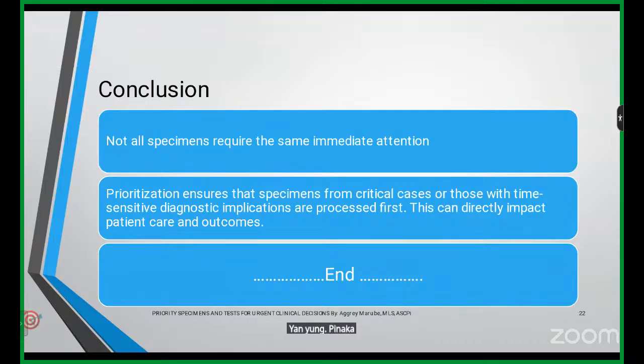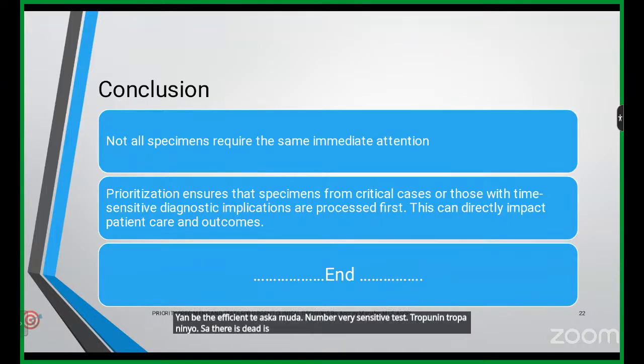Maybe the patient has come with a number of very sensitive tests. Troponins are there. There is LDH that's being checked on. There is also AST. There are also electrolytes.